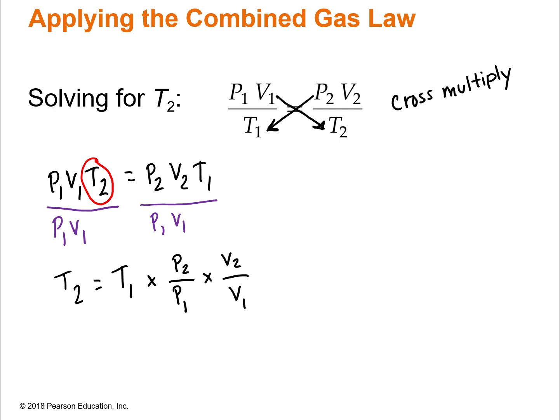The reason why this is important is because you could get a problem where you have volume 1 in liters and volume 2 is in milliliters, or pressure 1 is in atmospheres and pressure 2 is in torr. So this helps you to make sure that everything lines up, you've got all the right units, and everything's happy.